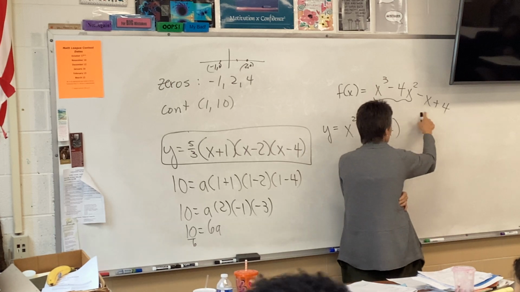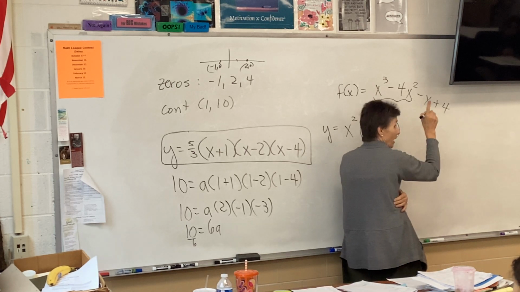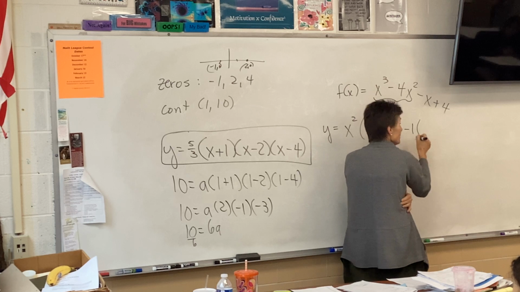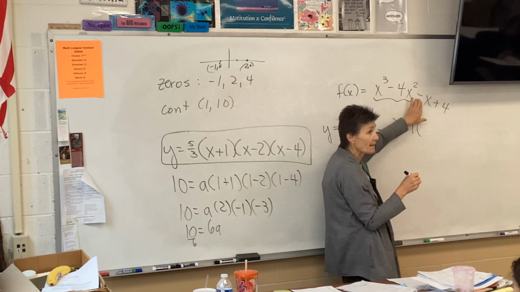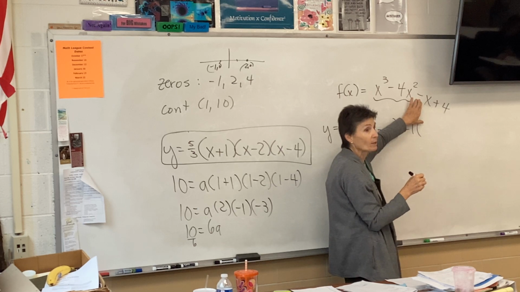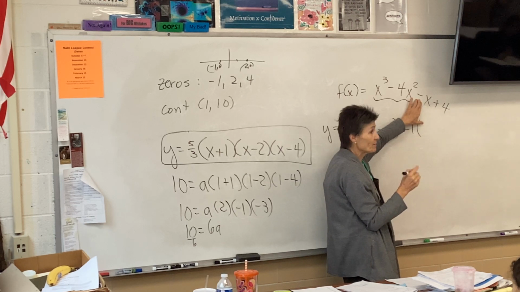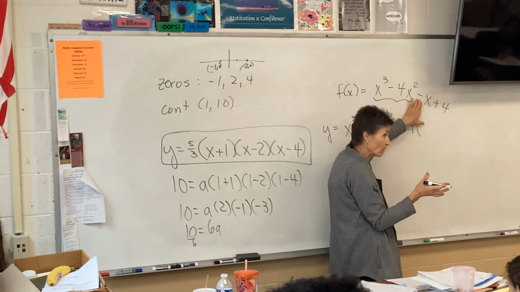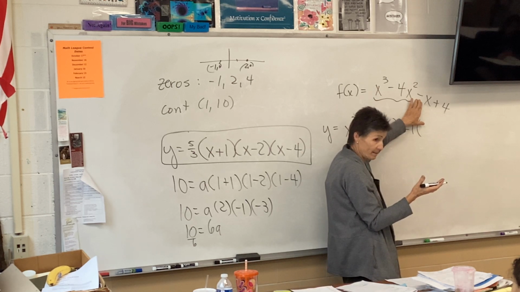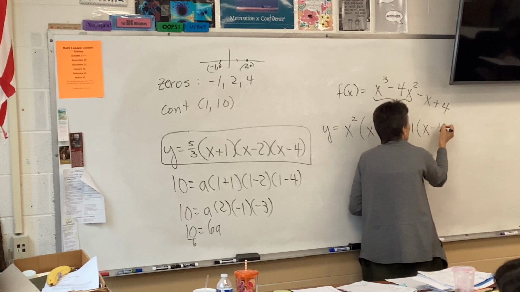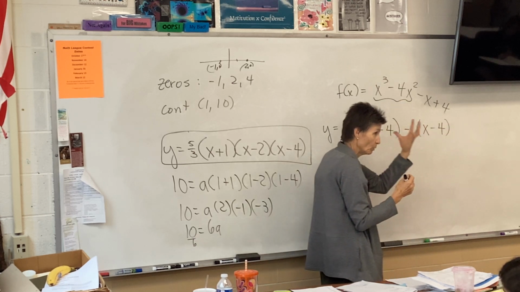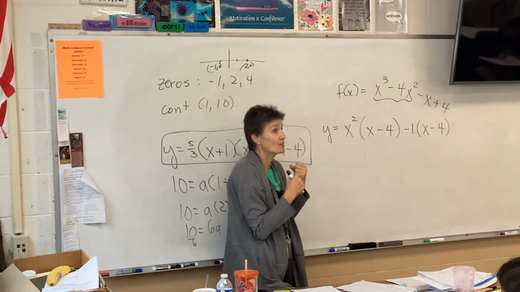What can I take out of here? Nothing. I'll take out a -1. Anytime that's a minus here, go ahead and pull out that negative. So in this case, I can't take anything else out, so I'll just say -1. And then what's left? A positive x and a -4. Because when you pull out the negative, the signs change.